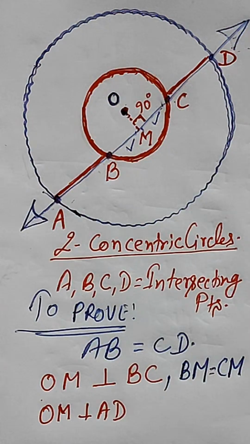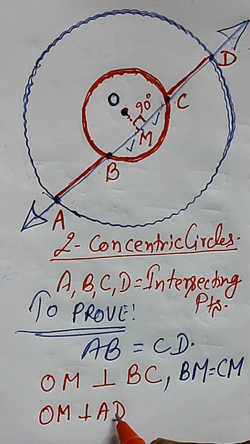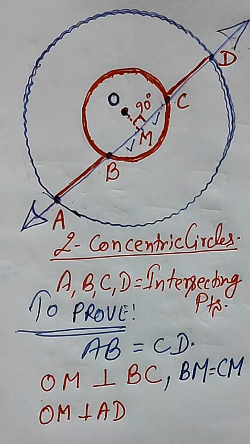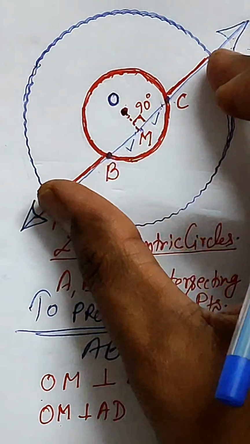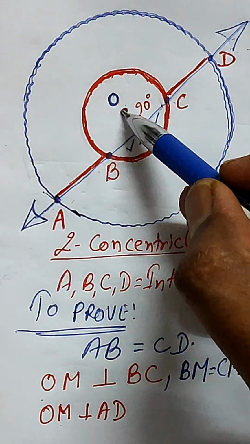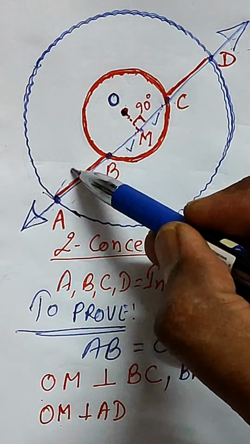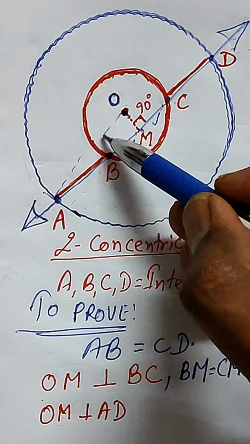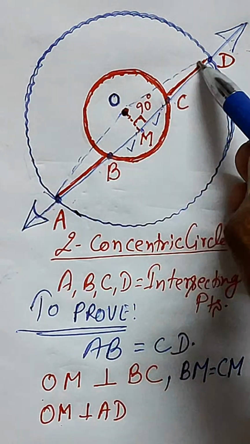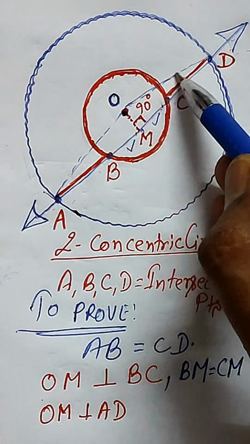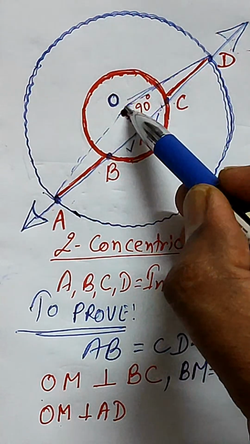Since OM is perpendicular to AD, we can write, just if you remember how we have proved it, if you want me to show, I am showing it over here for the bigger circle, how these lengths are equal.